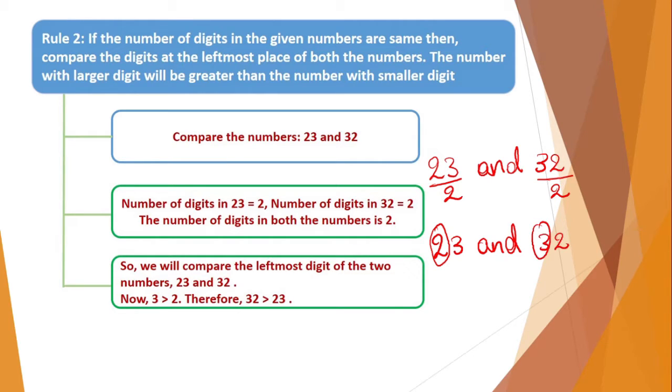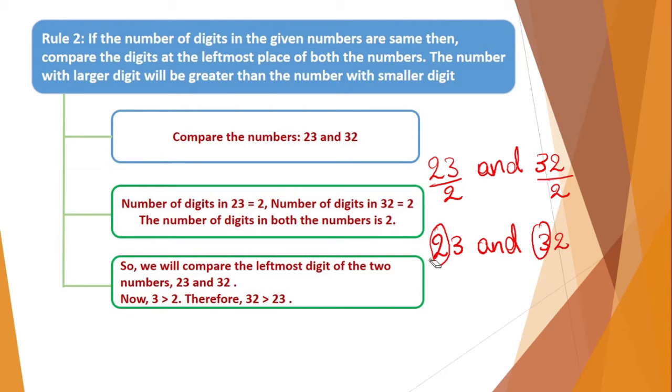Now again let me ask you a simple question. Is 3 greater or 2 greater? Obviously 3 is greater than 2, right? Hence 32 is greater than 23.